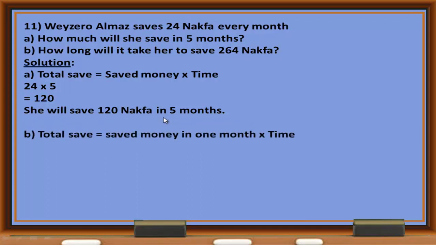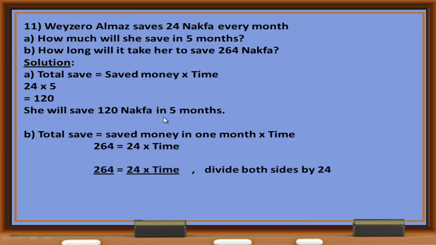B. Total save is equal to, as we have said, saved money in 1 month times time. Therefore, total save is 264. She wants to save 264. And she saves per month 24 times time. Let us divide both sides by 24.